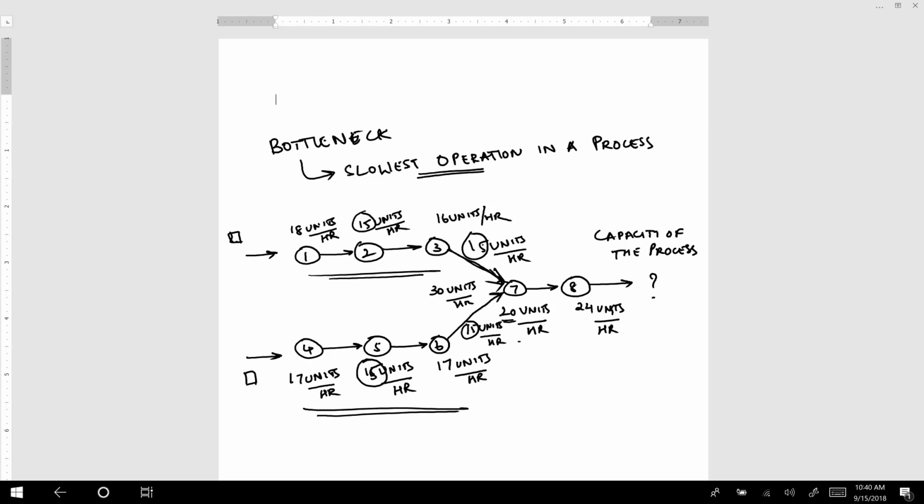So 20 units will go to operation 8. Since it gets only 20 units, even though it has a capability to process 24 units, our output would be 20 units per hour. So because we have 30 units coming into 7 and it can only process 20 and the output is 20, the bottleneck is operation 7.